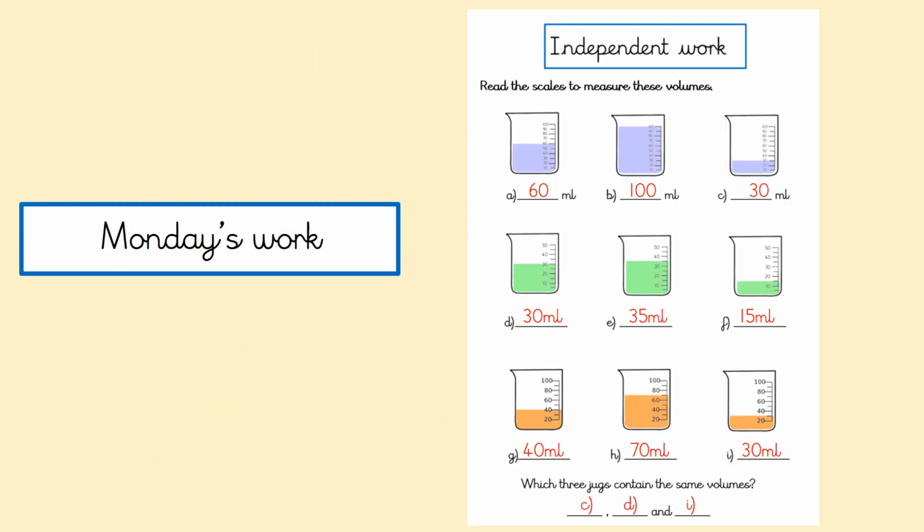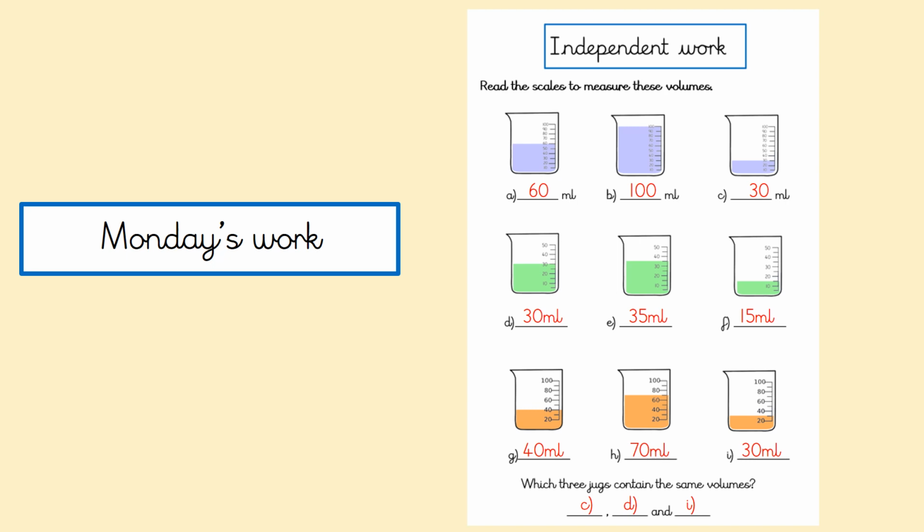Now, looking at Monday's work, yesterday we were reading the scales to measure these volumes. So A had 60 millilitres, B had 100 millilitres and C had 30 millilitres. The next set of three, the ones with the green liquid, were a bit trickier. The numbers on the scale went up in tens, but there were lines in between them without numbers.